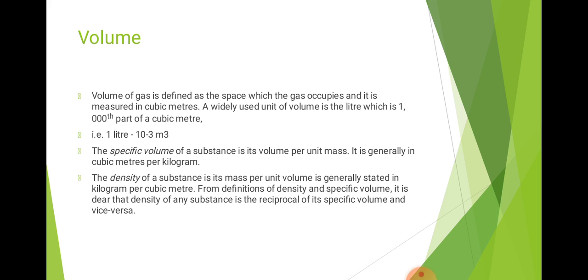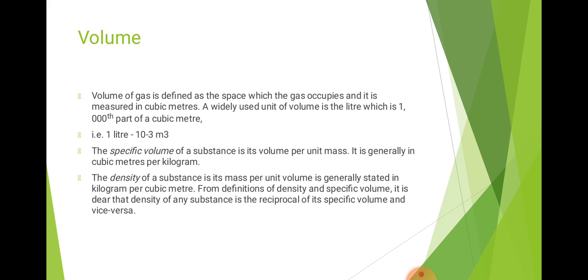So our specific volume is 11 meter cube per kg, and the definition of density says mass per unit volume, which means the density and the specific volume are reciprocal of each other. So the density is 1 divided by the specific volume. With 3 kilograms of dry hydrogen occupying 33 cubic meters, the specific volume is 33 divided by 3, which is 11 meter cube per kg.